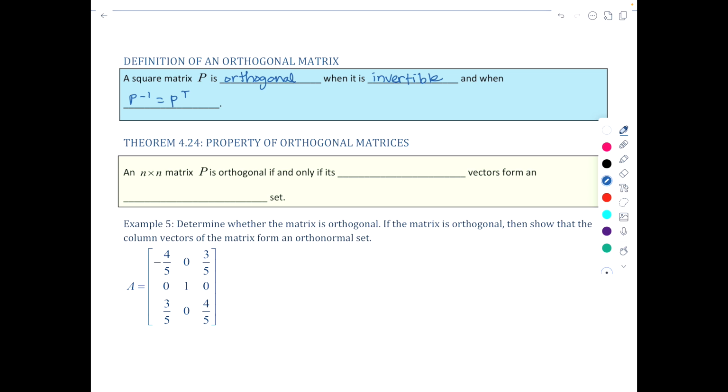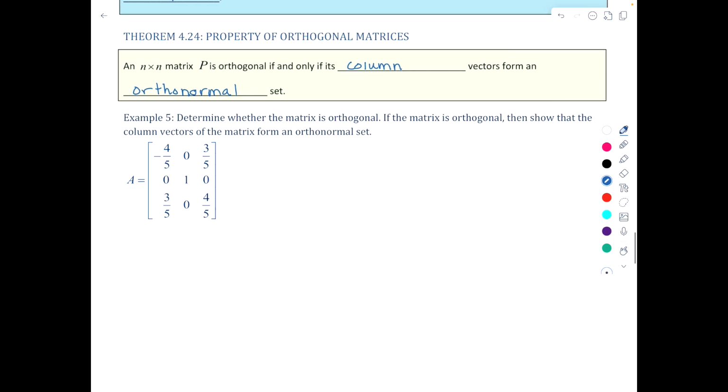So a property of orthogonal matrices is an n by n matrix P is orthogonal if and only if its column vectors form an orthonormal set. So remember, orthonormal means that it's orthogonal and it is also normal. So we want to determine whether the matrix is orthogonal, and if it is orthogonal, show that the column vectors form an orthonormal set. All right?